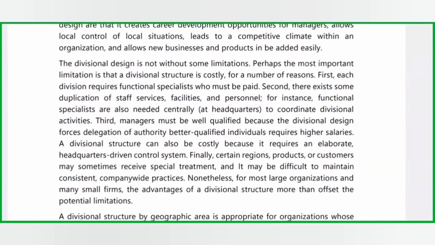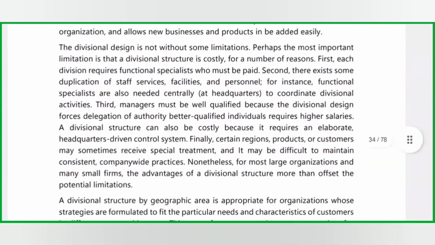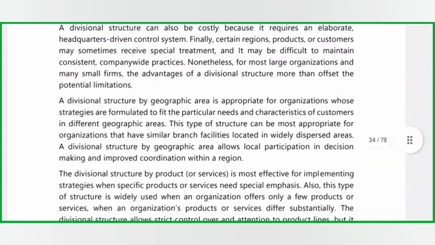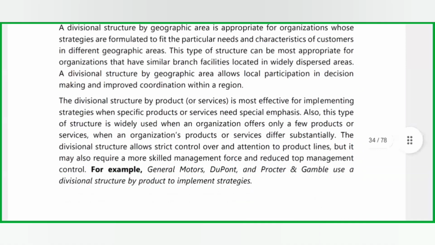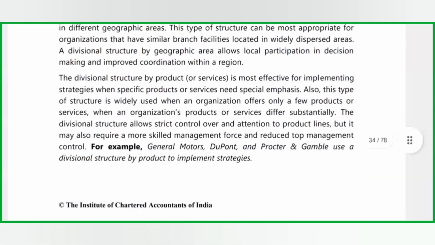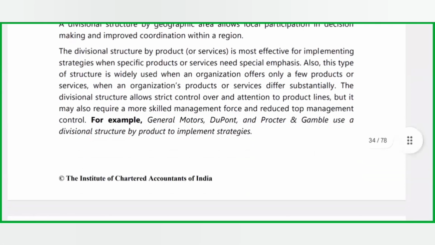It is often beneficial for those having headquarters at one place and divisions at other places. Divisional structure by geographic area is appropriate for organizations that have different particular needs and characteristics of customers in different geographic areas, which allows local participation in decision making. Examples given here are General Motors, DuPont, Procter and Gamble, that is P&G.